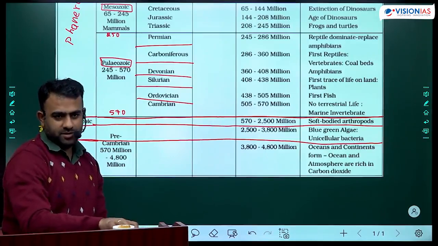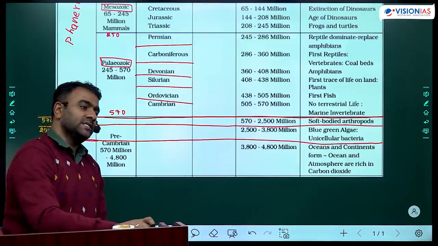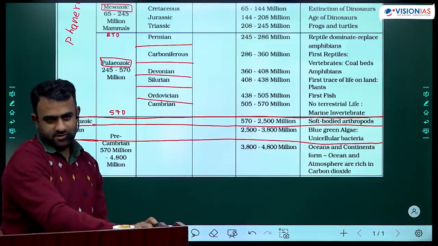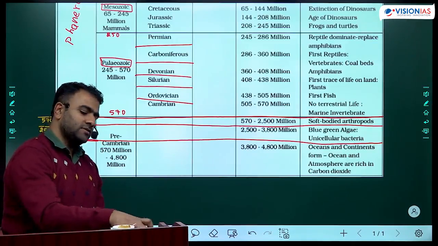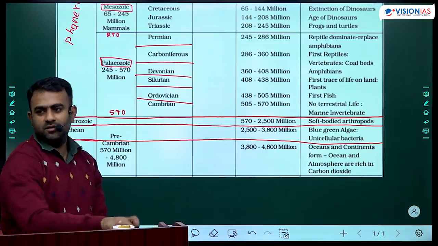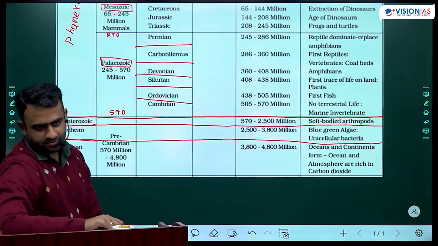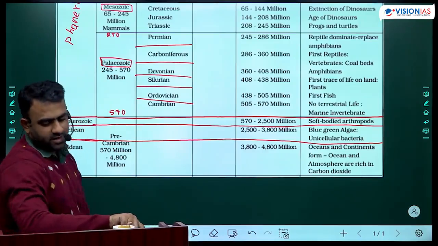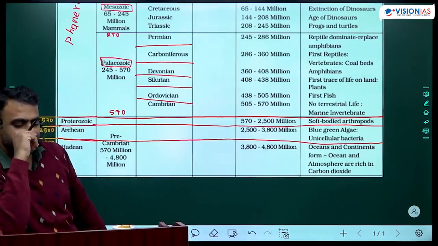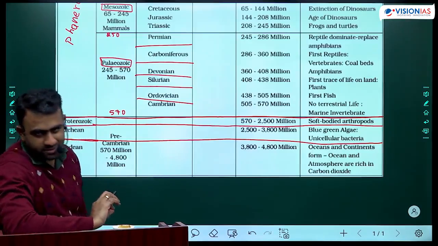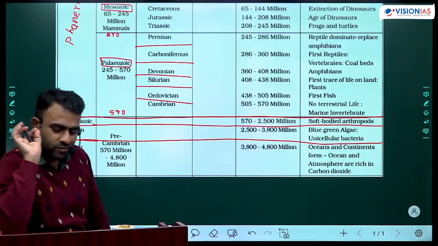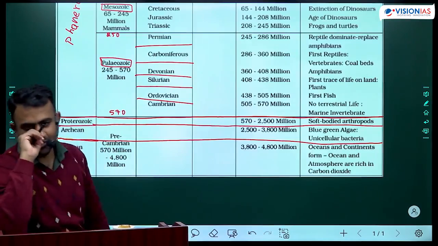Head, thorax and abdomen, and every insect has 6 legs, and some of them will have wings, 1 or 2 pairs of wings, right? And insects are a highly diversified group of organisms and one of the most successful group of organisms.